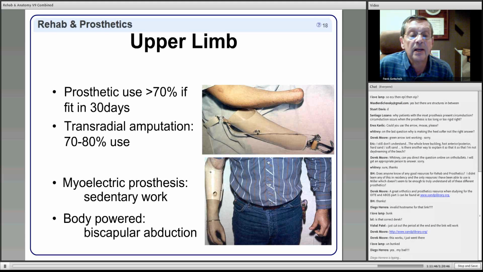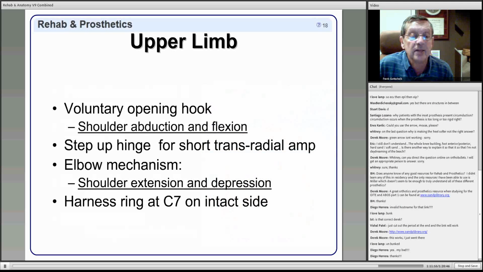Now, the myoelectric prosthesis tends to be used more for sedentary work, and the body powered is activated by biscapular abduction. Also remember that voluntary opening hooks, shoulder abduction and flexion open the hook.